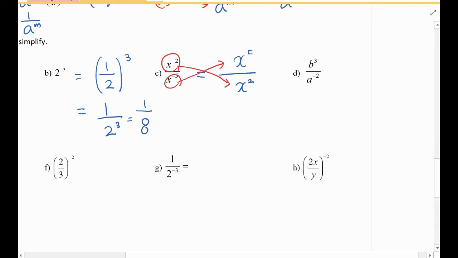X to the power of 5. Now we have x to the power of 5 divided by x to the power of 2. Then you can use exponent laws to solve this problem. That becomes x cubed.